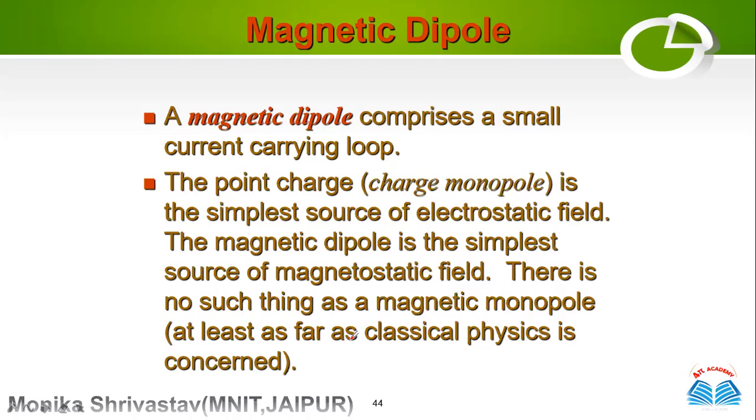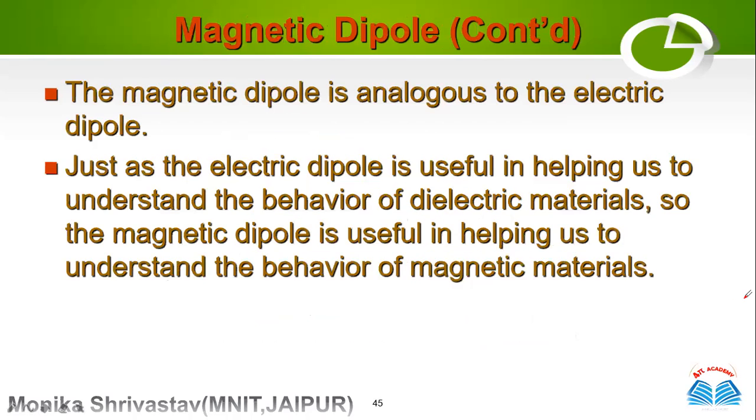Okay, so as the electric dipole was a charge monopole, the magnetic dipole is the simplest source of magnetostatic field. And there is no magnetic monopole. There is always a dipole. The magnetic dipole is analogous to the electric dipole.